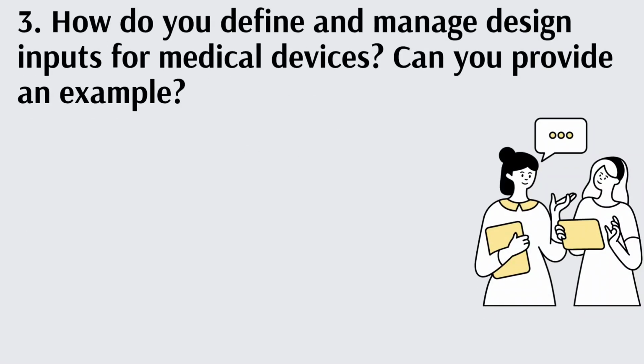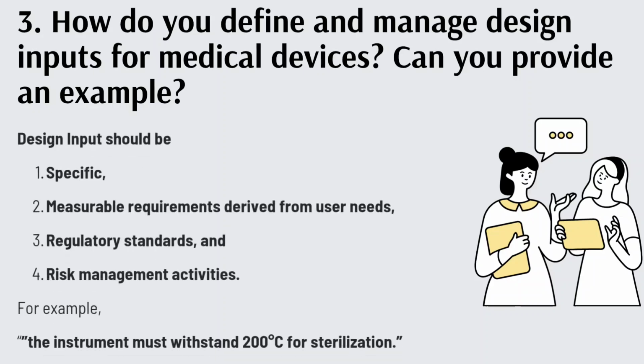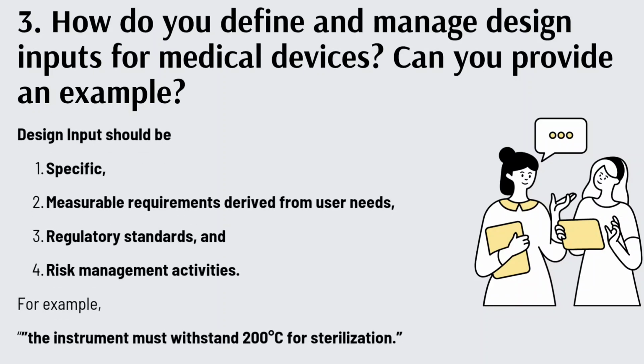3. How do you define and manage design inputs for medical devices? Can you provide an example? Ideal answer: Design inputs are specific, measurable requirements derived from user needs, regulatory standards, and risk management activities. For example, during a surgical instrument project, one design input was that the instrument must withstand 200 degrees Celsius for sterilization.